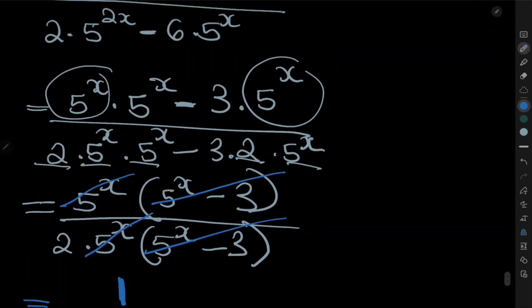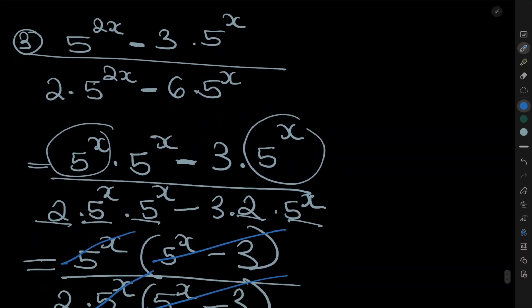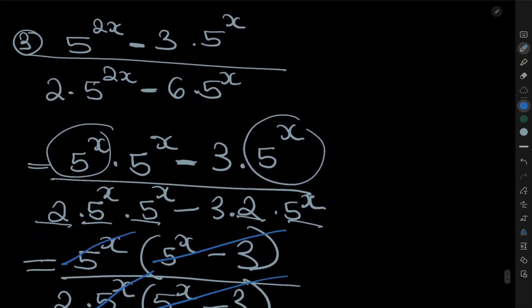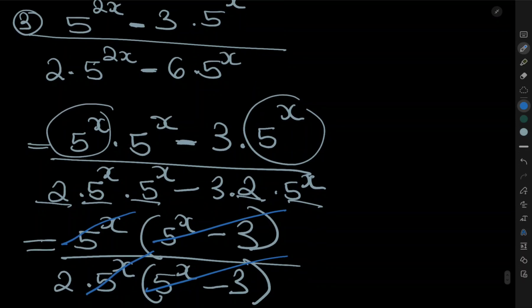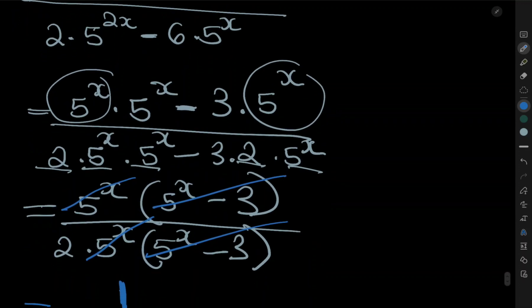So let's go through all the steps again. The first thing when we're solving exponents, we always have to try to break down everything into its prime factors. And when we break down everything into its prime factors, if it's terms separated by a minus or a plus, we can always try to find out what the common factors are and take them out and factorize, right?